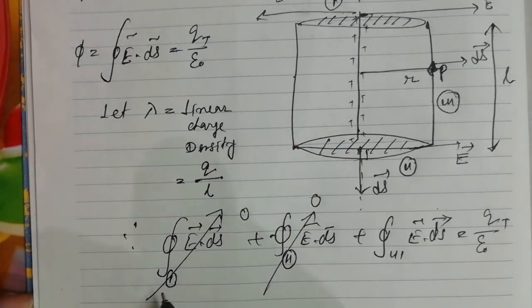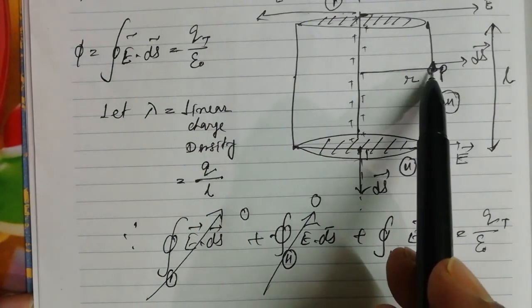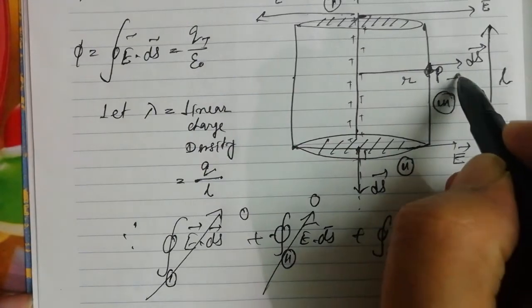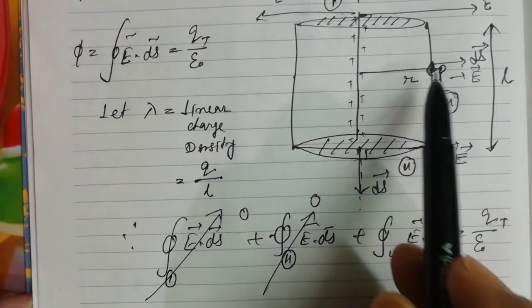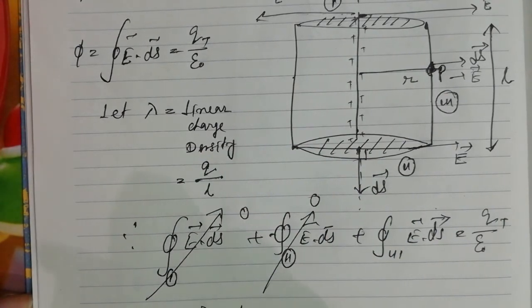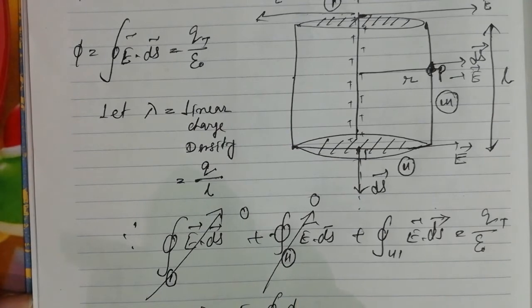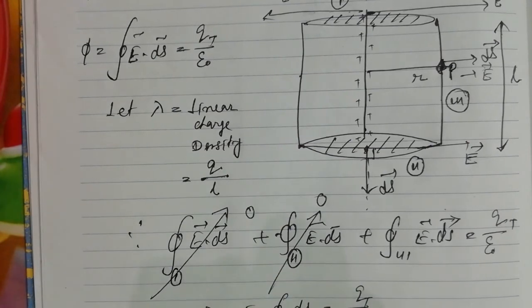The third surface. Why? Because the angle between ds and E for the body part of the cylinder is equal to 0. Therefore E times the integral of ds is equal to Q total divided by epsilon naught, since cos 0 degree is equal to 1.